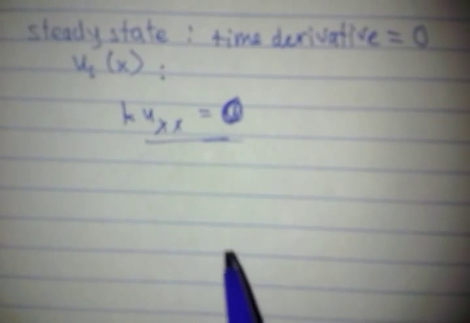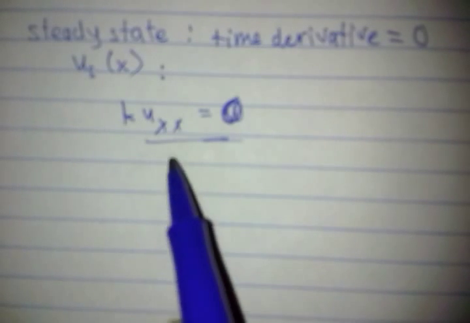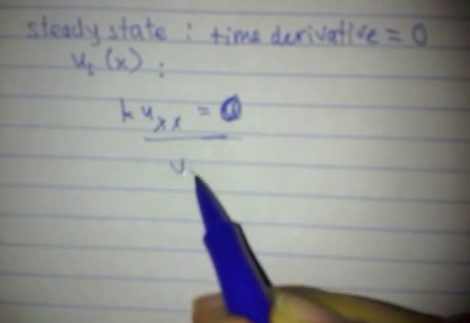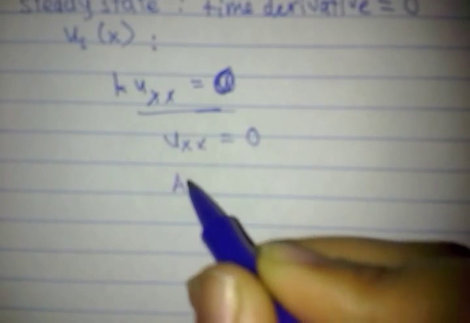And so, if we look at this, the k is insignificant. If the second derivative of u with respect to x is equal to 0, then I don't know how obvious this is, but it's going to be in this form.